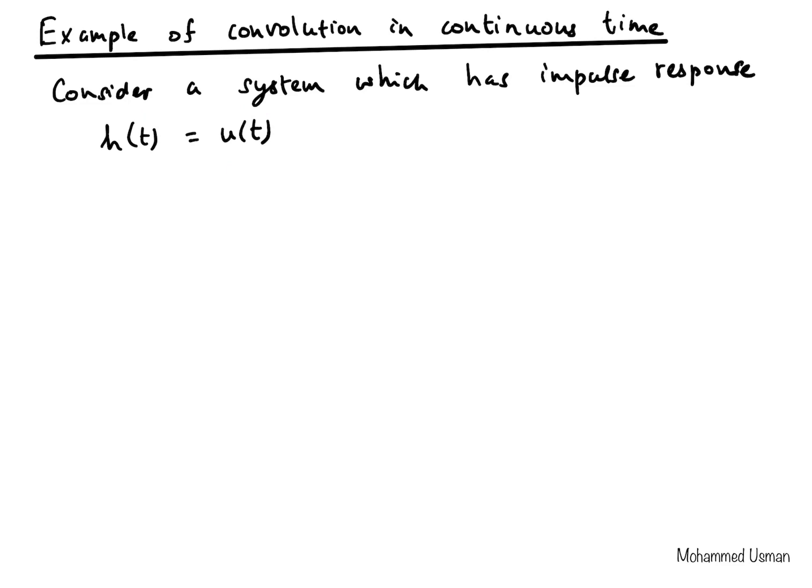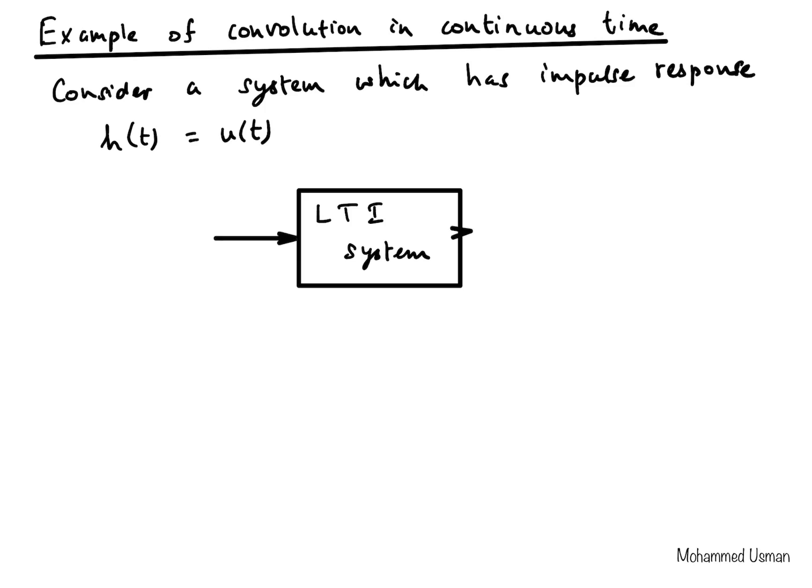What this equation means is basically if we have a system, an LTI system, and if we give an input to the system which is delta of t, a unit impulse signal, the output that we get is h of t equals the unit step function u of t.